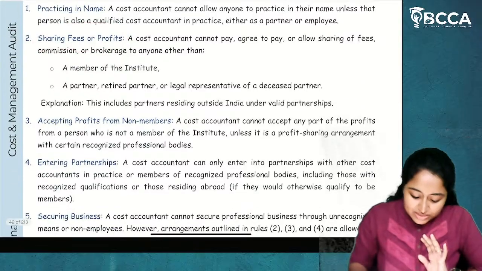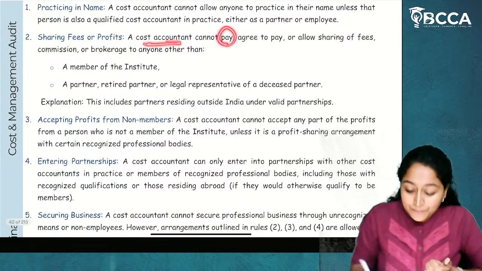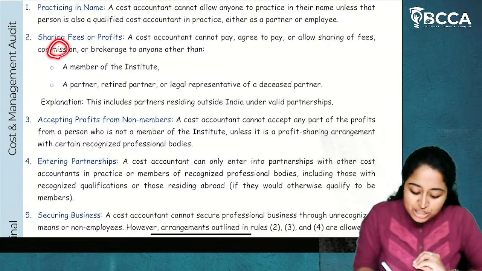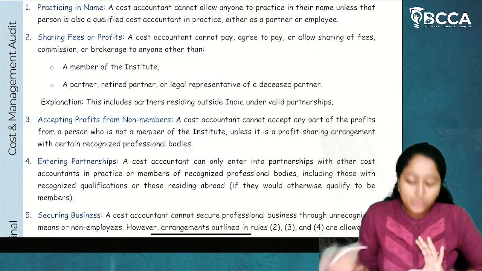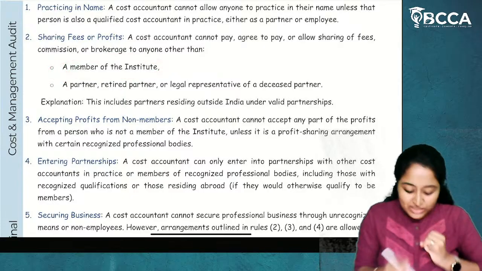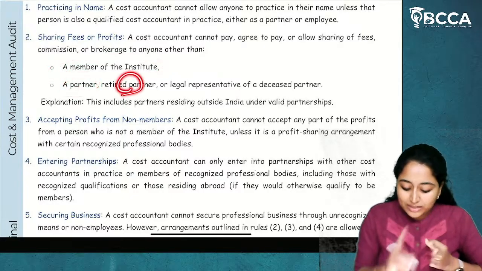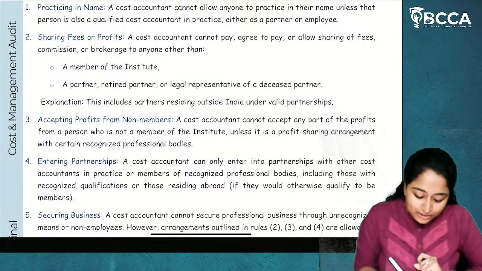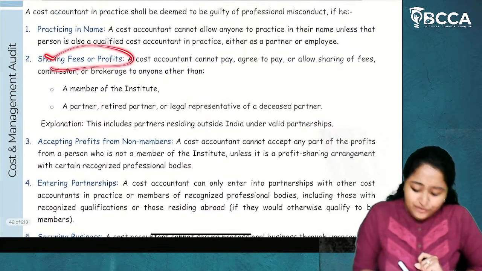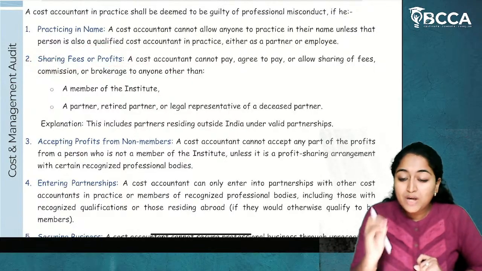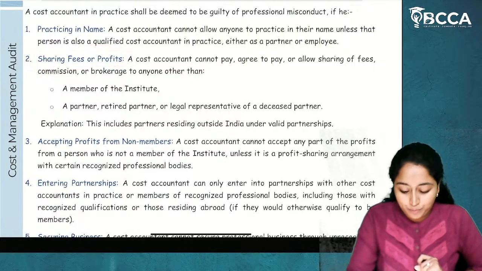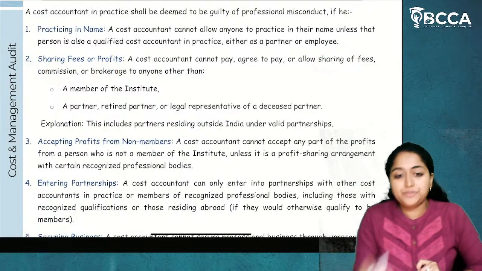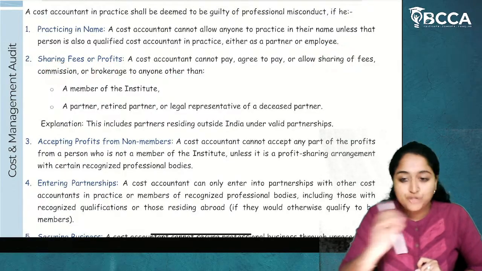Sharing fees or profits. A cost accountant cannot pay, agree to pay or allow sharing of fees, commission or brokerage to anyone other than a member of the institute, a partner, a retired partner or a legal representative of a deceased partner. Which means if you are a cost accountant, you can't pay or agree to pay or allow sharing of fees, commission or brokerage, which means any kind of payment should not be done.